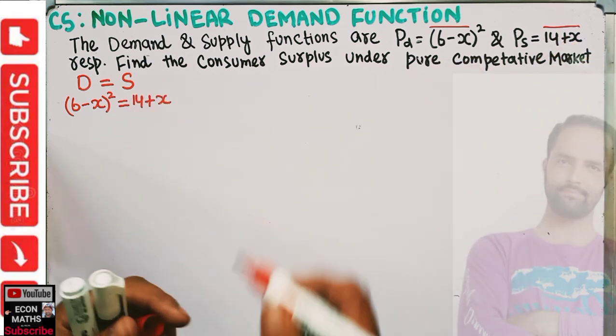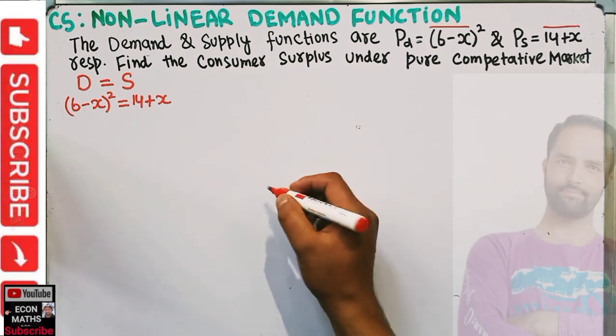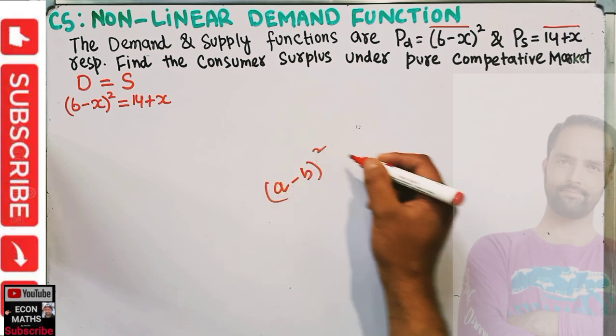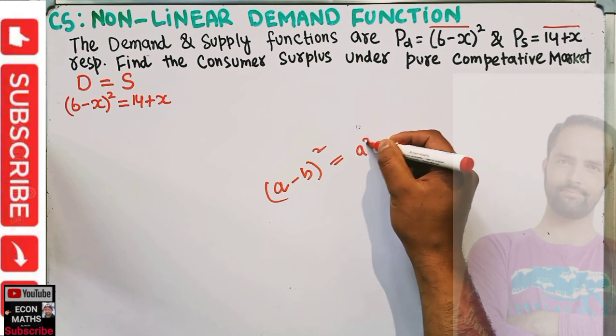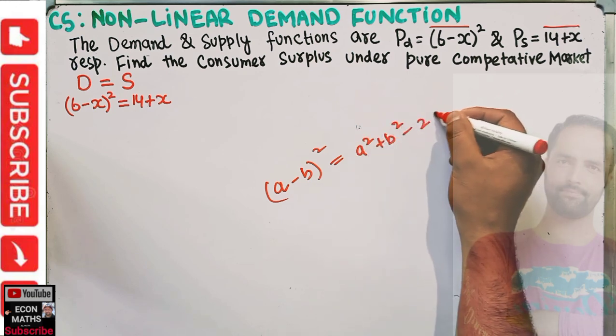Now (6 minus x) whole square is of the form (a minus b) whole square, which you have learned a lot of times. It is a square plus b square minus 2ab.